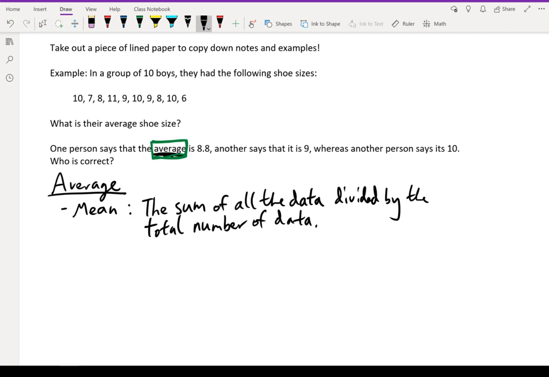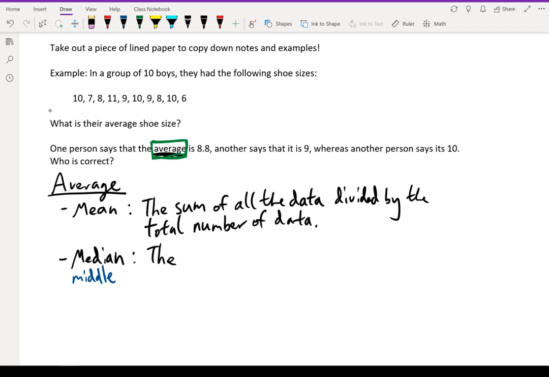The second type, okay, as you can tell from today's title, is median. Median somewhat sounds like middle. Middle is actually what it means, okay? Median is the most middle. I'm not sure if I have this correct, the definition, but it is the most middle.